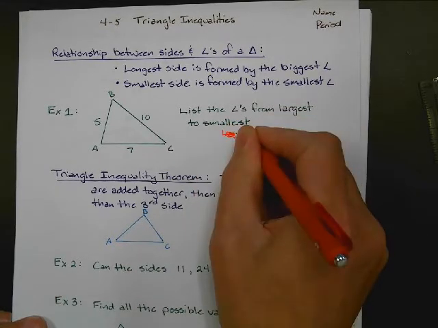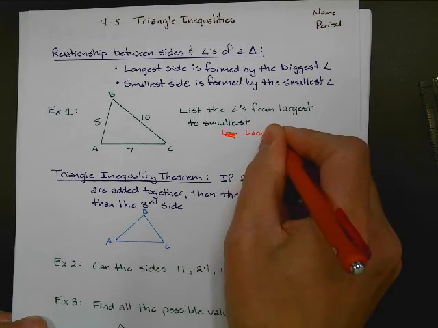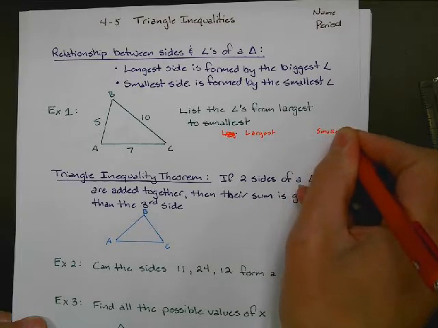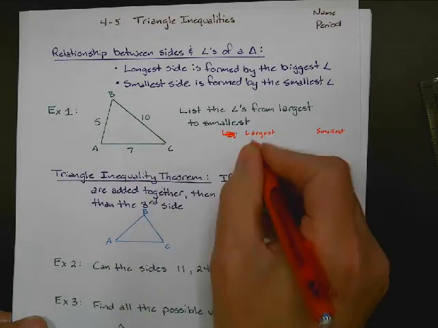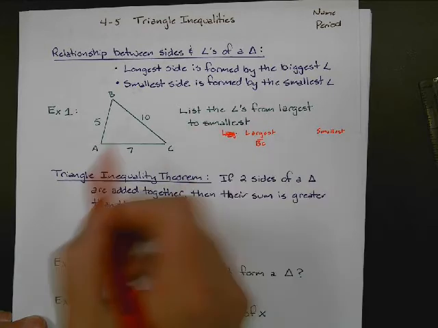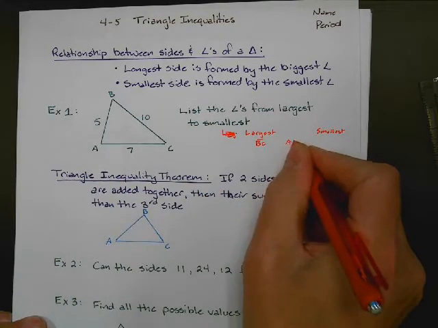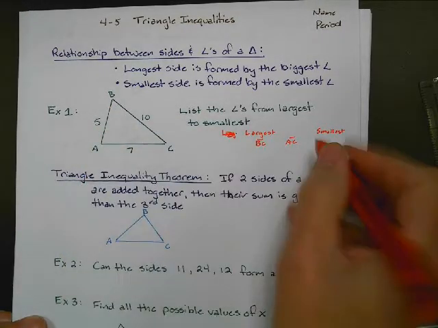Anyways, my largest, and then smallest will go over here. So my biggest side is BC right there. That's 10, right? So that's the largest side. And then my medium would be right here, AC. And then my smallest side would be over here, AB.